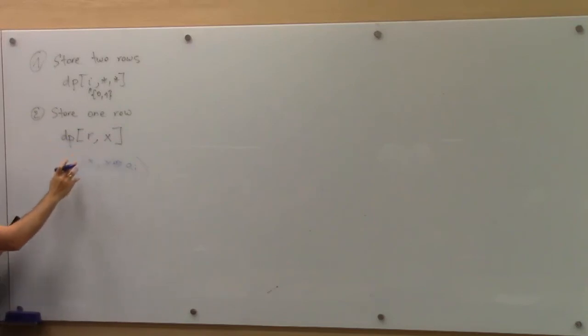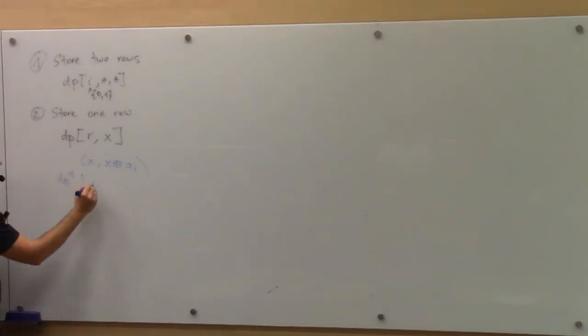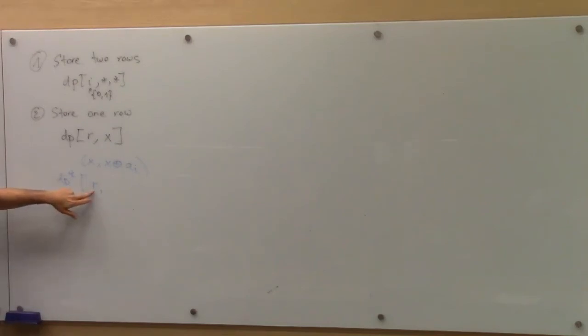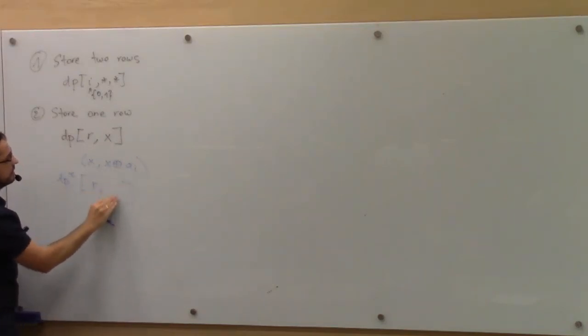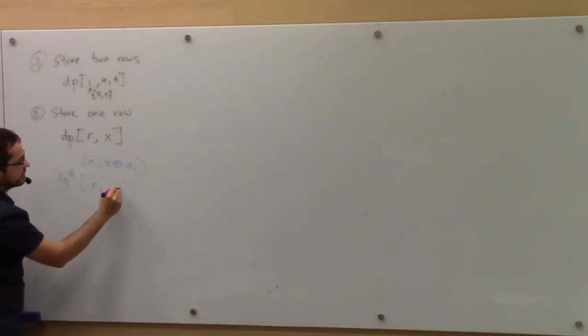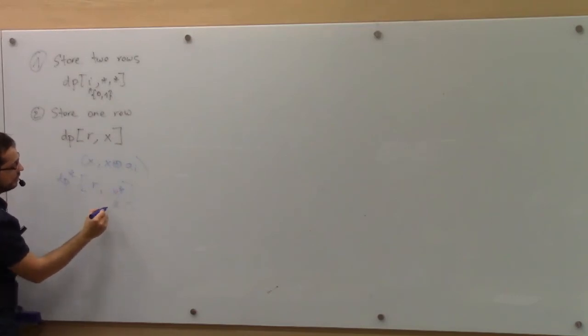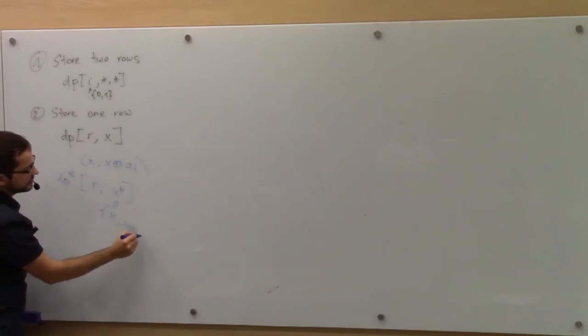We will store the answer in another array, dp with a star, and this dp with the star has to have room for all possible r's, and room for 2 elements. So let's say that this is x star, but x star only needs to be equal to x or x plus ai.